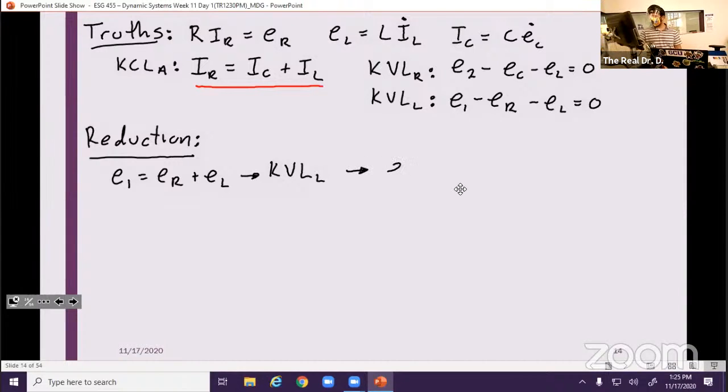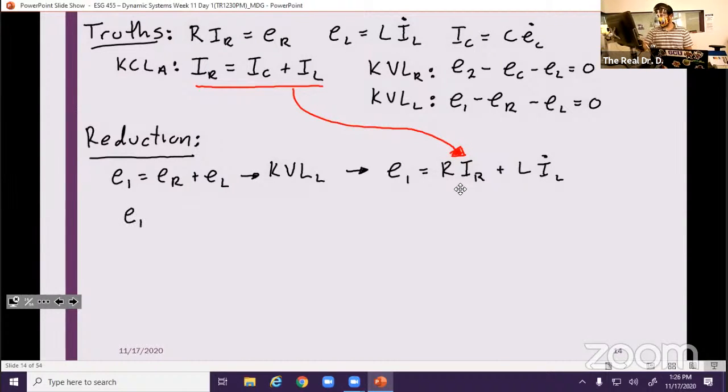But if I plug in this, right? I plug in my element equations. Well, now I can plug this in here, right?